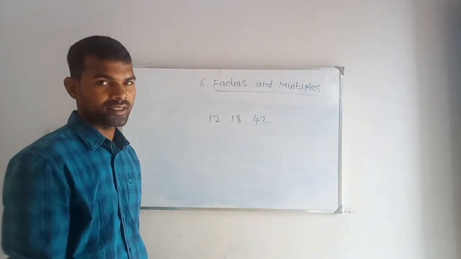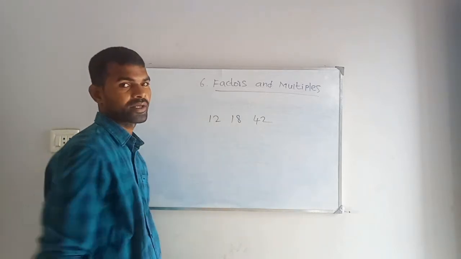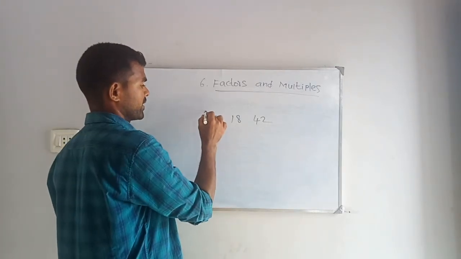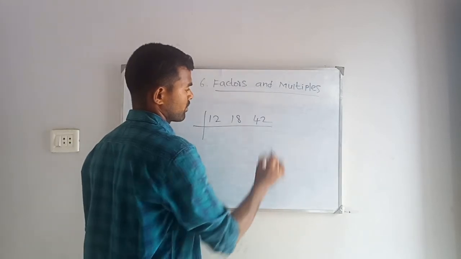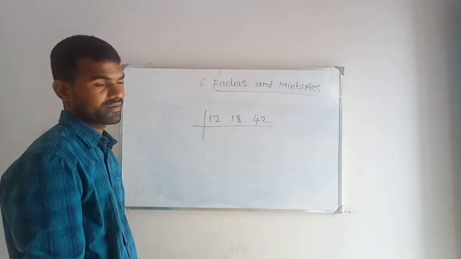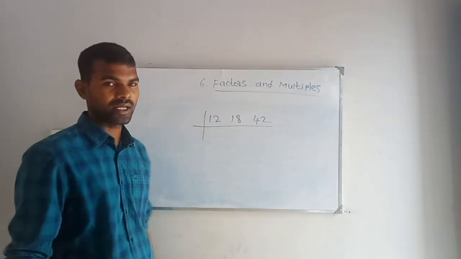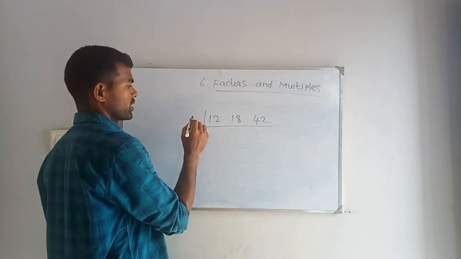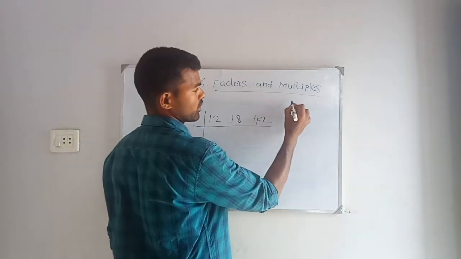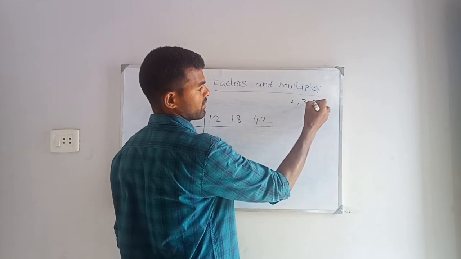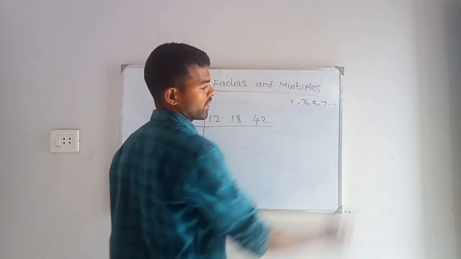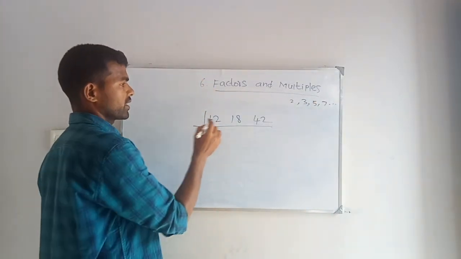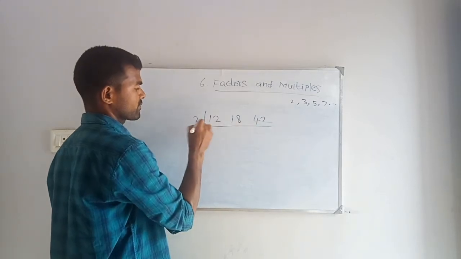Let us take these three numbers 12, 18, 42. We do it by prime division only. You have to divide these numbers by prime numbers. You know the prime numbers now? 2, 3, 5, 7, like this prime numbers go on. Take the smallest prime number and divide.